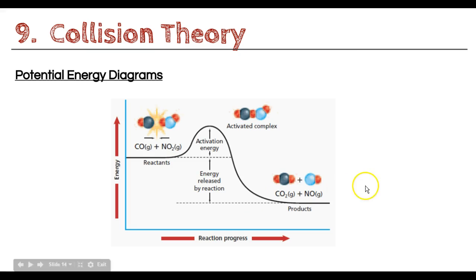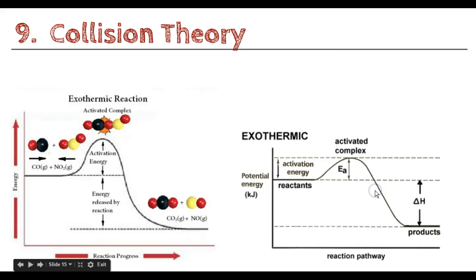Okay, let's get to more specifics about this. So take a minute to take a look at these two graphs. They're just different versions showing an exothermic reaction. And if you need to pause the video to check it out in more detail, by all means do that.